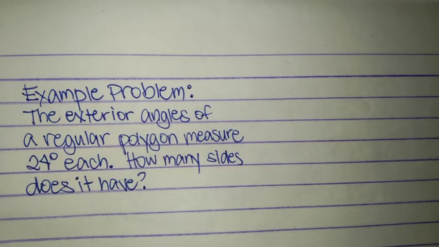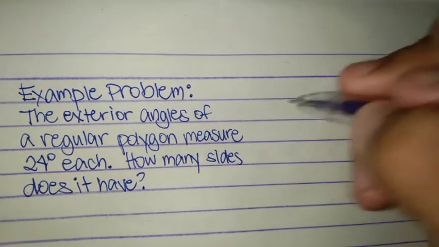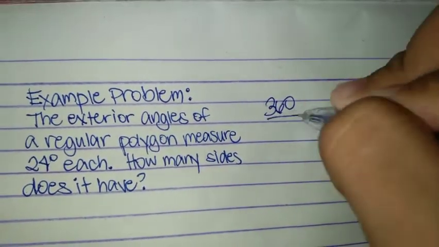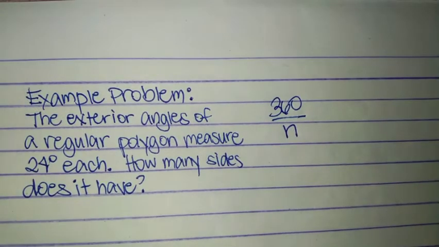Here is another example problem. The exterior angles of a regular polygon measure 24 degrees each. How many sides does it have? We know that the formula for the measure of exterior angle is 360 over n degrees.